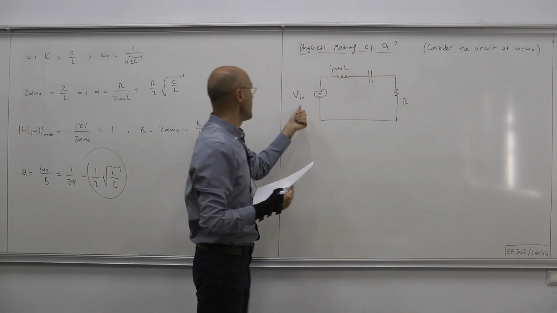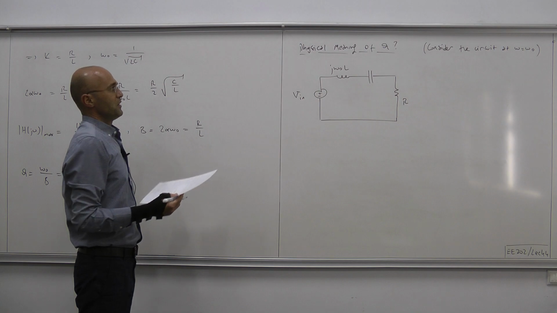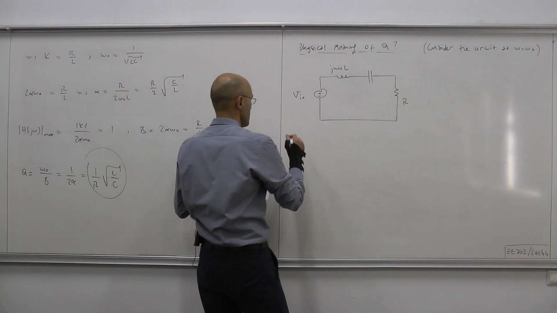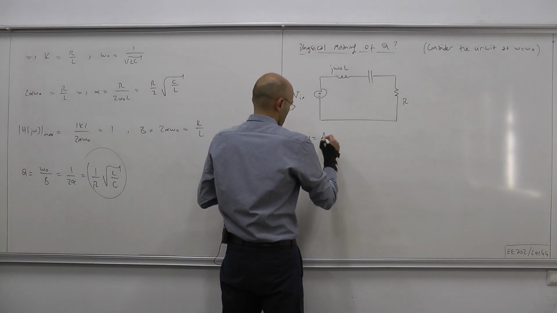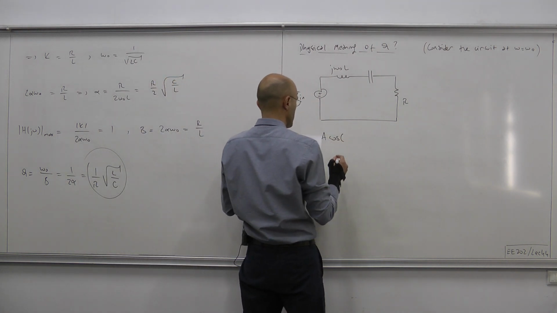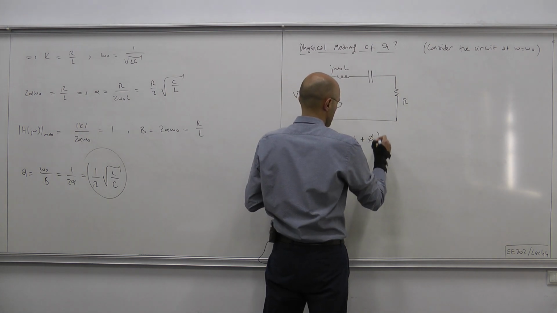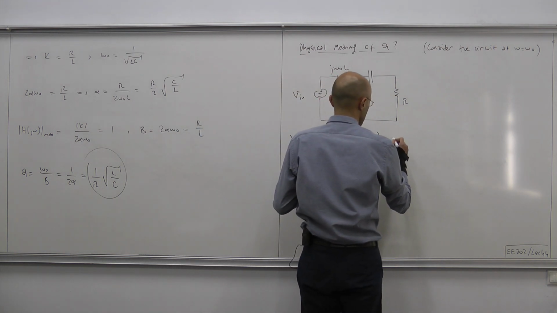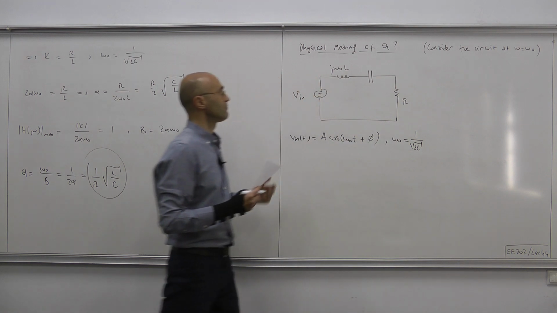That means we're driving the circuit with a sinusoidal signal whose frequency equals 1 over square root of LC. So V in(t), in the time domain, equals A, some amplitude, times cosine of omega 0 t plus some phase, and omega 0 for our circuit equals 1 over square root of LC.